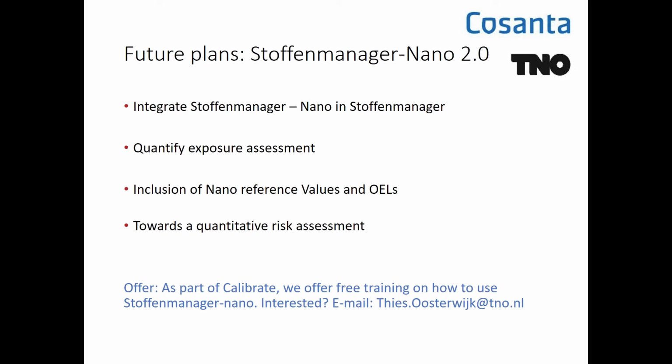And with a complete integration, Stoffenmanager Nano also will contain these functionalities. Moreover, we're going to try to quantify the exposure assessment, and if we can, then inclusion of occupational exposure levels, or for the Netherlands, the temporary nano reference values, would be a good way forward to do a more quantitative risk assessment.